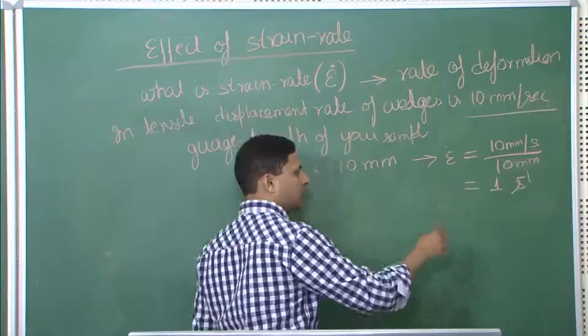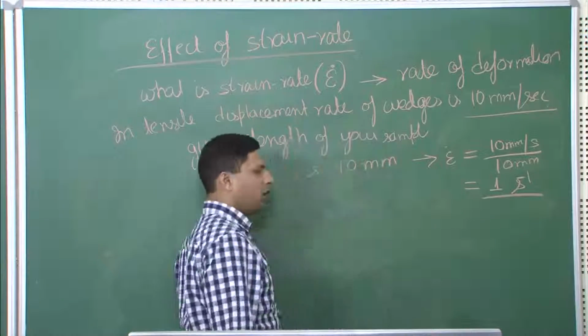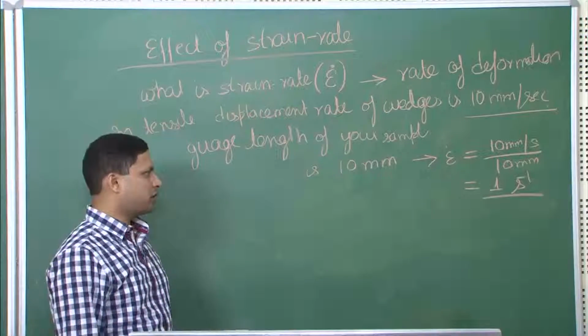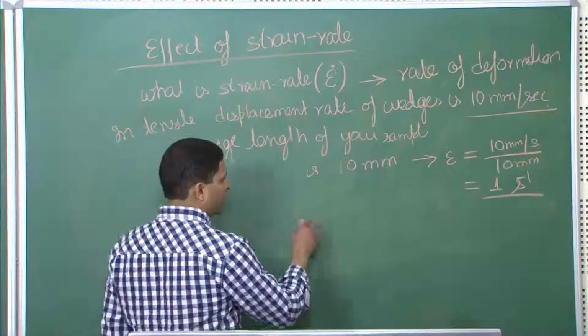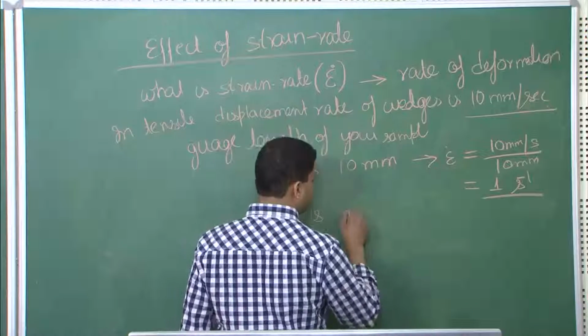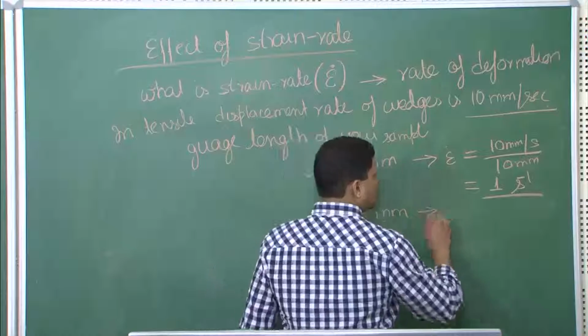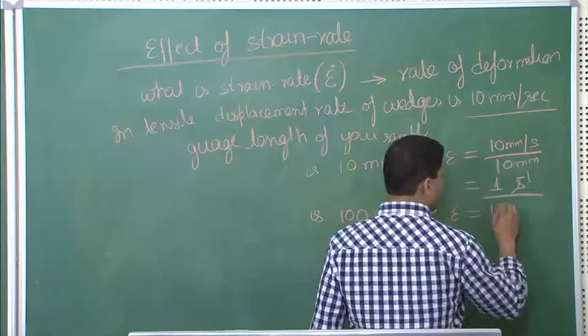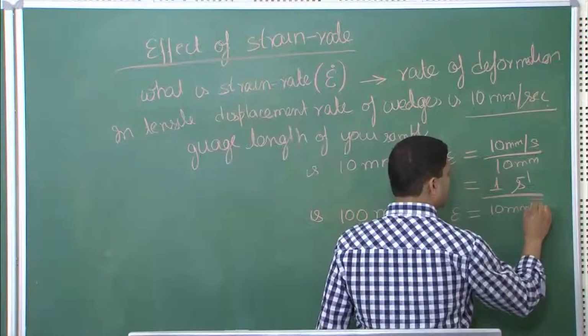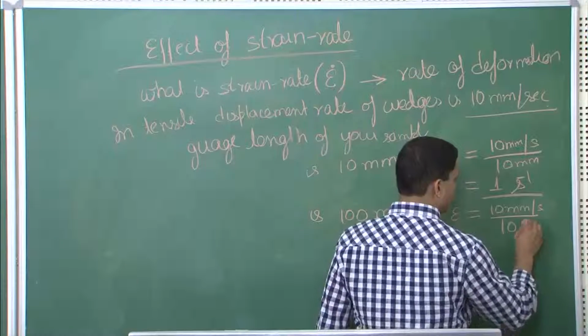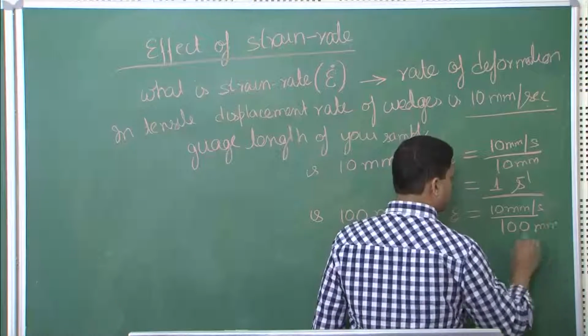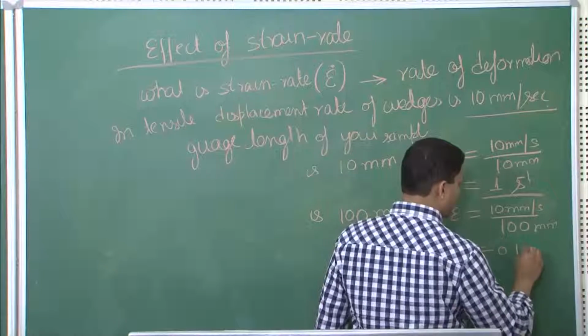So, the unit of strain rate is inverse time. Now, let us say the gauge length is 100 millimeter, you are taking a much larger sample, then strain rate is equal to 10 millimeter per second by 100 millimeter, which is 0.1 per second.